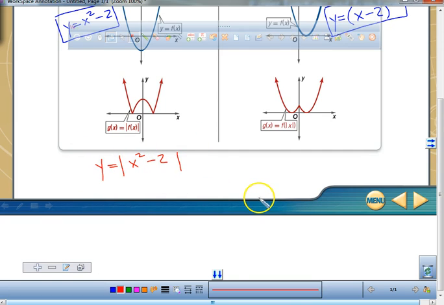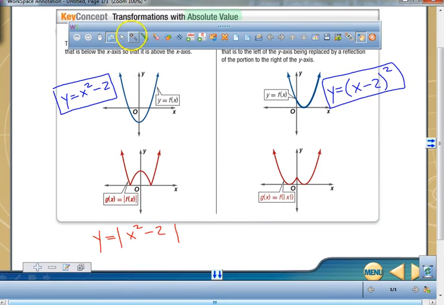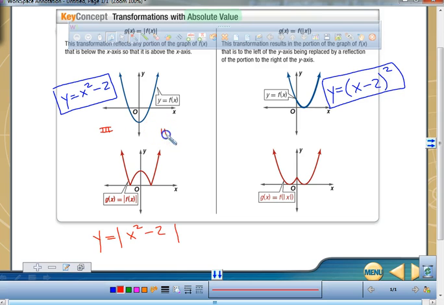Now what this is going to do is make any y value in the graph that was negative, like these values right here, notice this is in quadrant number 3, this is in quadrant 4, so all the y values in quadrant 3 and quadrant 4, they're negative. Okay? What's going to happen is all these are going to actually become positive. That's what's going to happen.